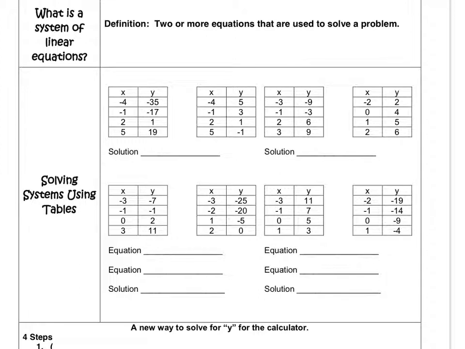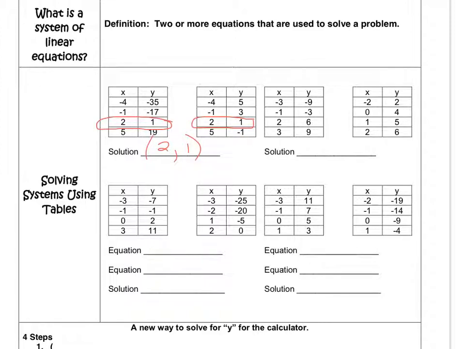So if we look at this first table, we can see that this table has 2, 1, the exact same point in both of the tables. So both equations contain that point. So we know our answer is 2, 1.